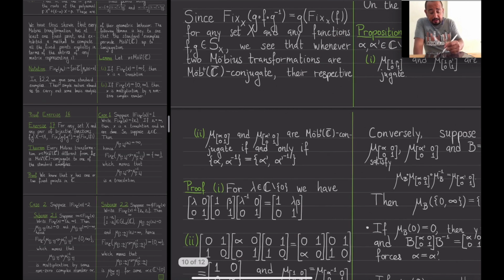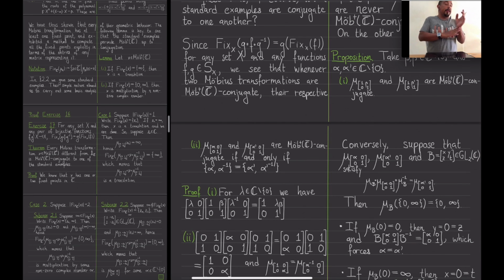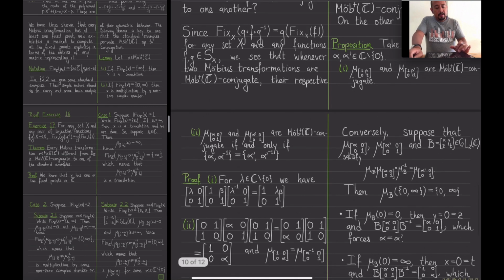Notice that in the end, the matrix that conjugates does precisely what I said. So this informal, intuitive process of deforming, translating, and undoing the deformation was actually correct.